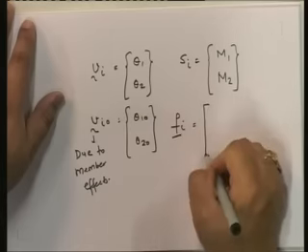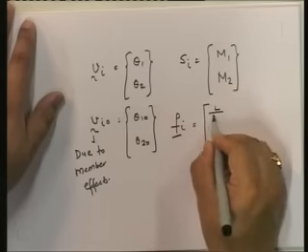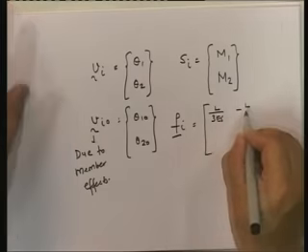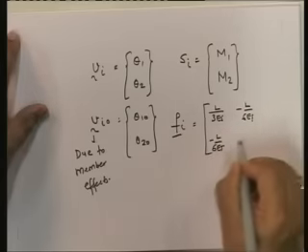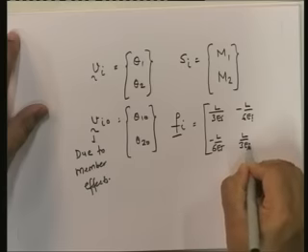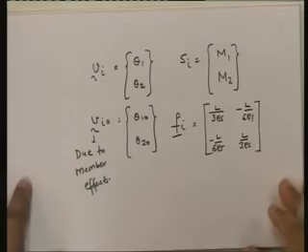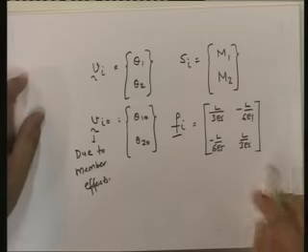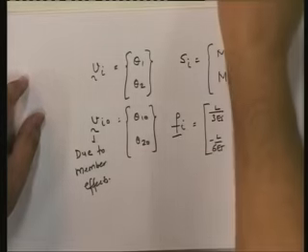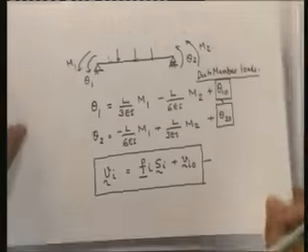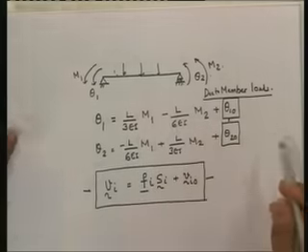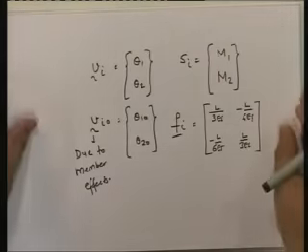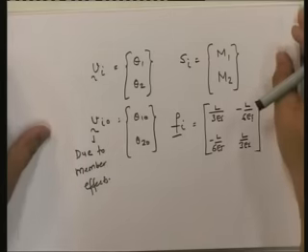Finally, what is f? f is L upon 3EI, minus L upon 6EI, minus L upon 6EI, L upon 3EI. So if these are defined in this fashion, then this is valid, because we know this is valid from earlier. Okay, so this is what we are going to be going with.